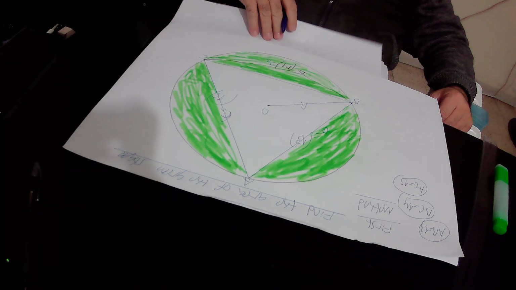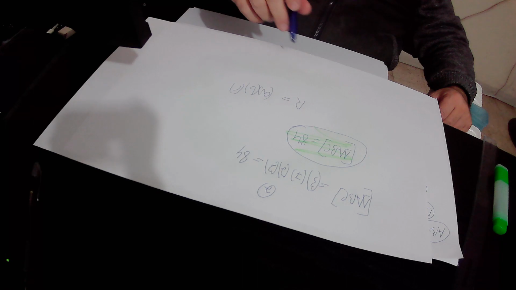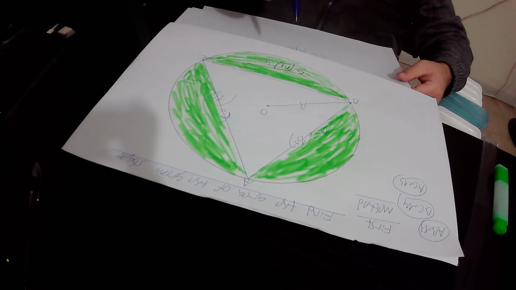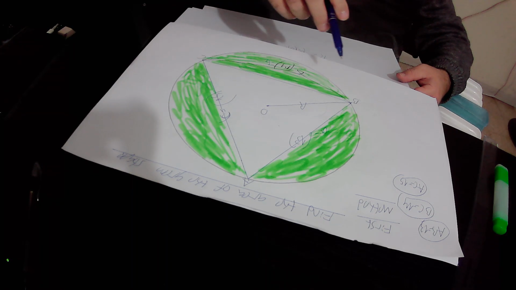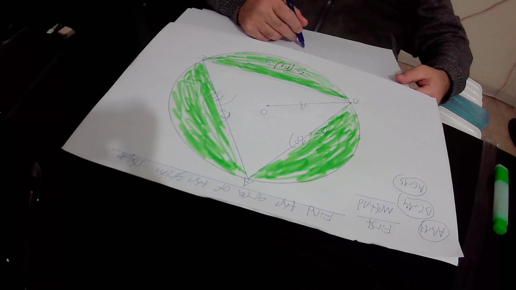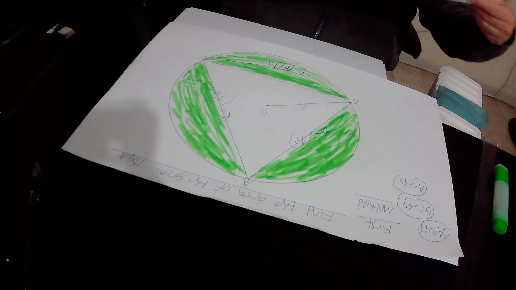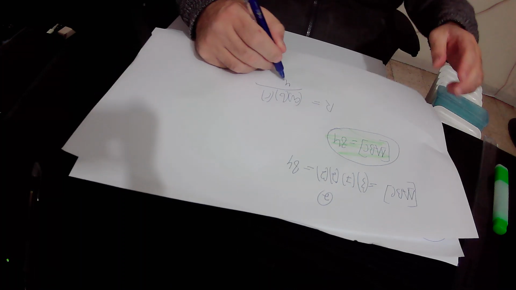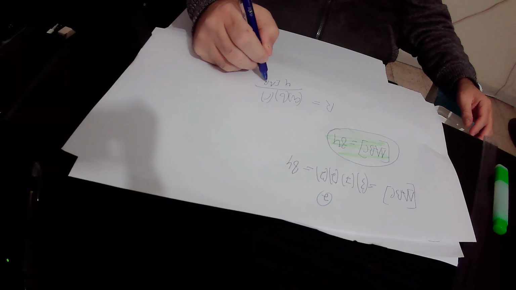And again, according to rule number 6, the radius capital R of this circle must be equal to A times B times C, that is the multiplication of the side lengths of triangle ABC by each other, over 4 times the area of triangle ABC.